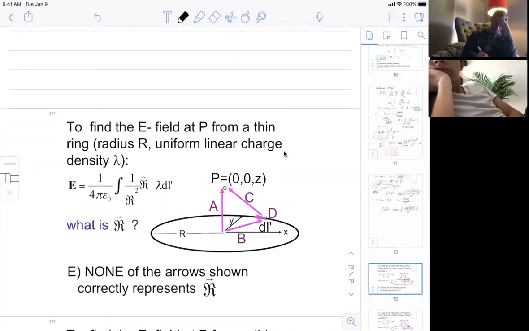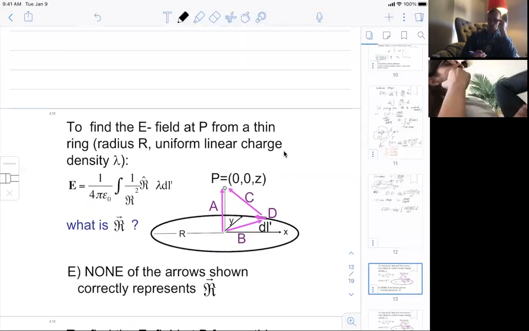You want to find the E field at a point a z distance directly above the center of the circle. Which one of these vectors represents your R vector? You have A, B, C, D choices.